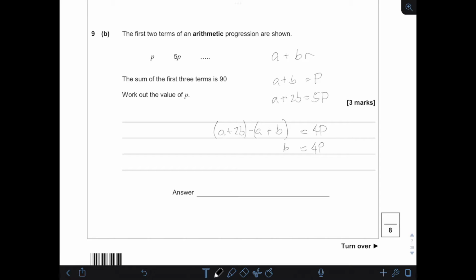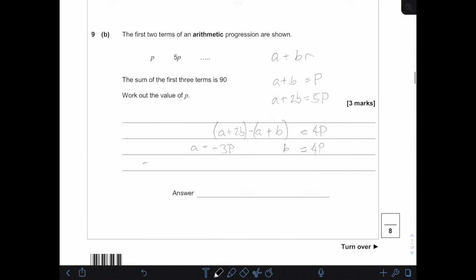So that's the first thing you want to know, and with that information we can work backwards to know that a equals minus 3p, which means that the third term of the sequence is minus 3p plus 3 lots of 4p, which equals 12p minus 3p, which is 9p.